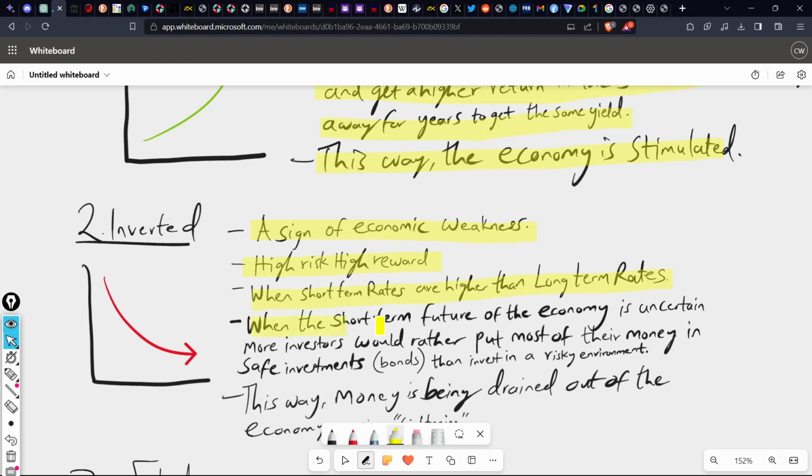When the short-term future of the economy is uncertain, more investors would rather put most of their money in safe investments, these are bonds, than invest in a risky environment.